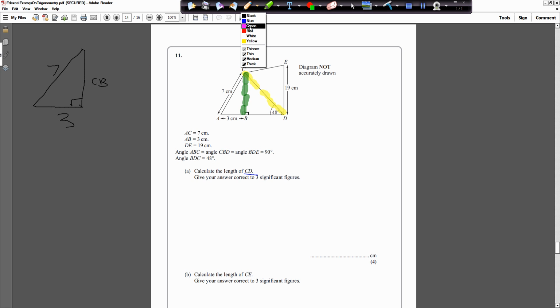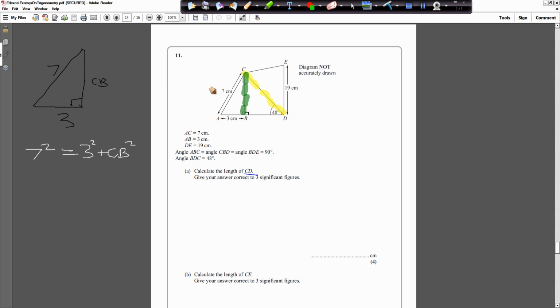What do we do here now? We use Pythagoras theorem. So we say the hypotenuse squared is equal to the sum of the other two sides squared. So it's 3 squared add CB squared. The formula is the hypotenuse squared is equal to the sum of the other two sides squared. That's the basic formula.